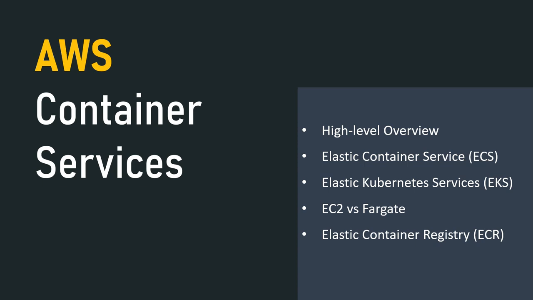Then we will compare it and talk about EKS, which is Elastic Kubernetes Service. We will also see different ways of running containers with EC2 or AWS Fargate. And finally, we will see the ECR service, which stands for Elastic Container Registry.